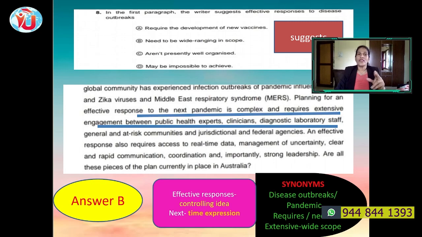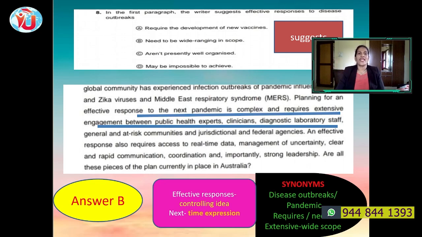They talk about, in the first paragraph, the writer suggests. It is not somebody else. So suggest. He is suggesting something. On what? Effective responses to disease outbreaks. They know that there is going to be a pandemic, but how you respond effectively, that is the main criteria where the writer suggests something.